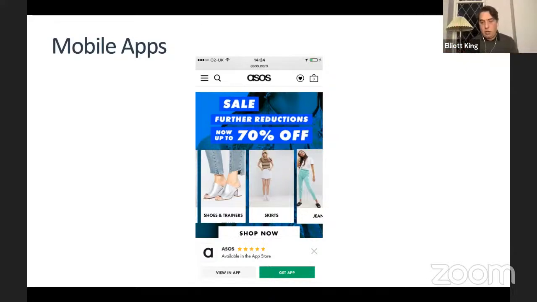If you're not an e-commerce brand and you're thinking you want to make an app, I would just say, think about what the strategic benefit is of creating an app over having a responsive website. If you're not an e-commerce organization, you kind of need a good reason to create an app, and it's probably not just a reproduction of what you're doing on your website.